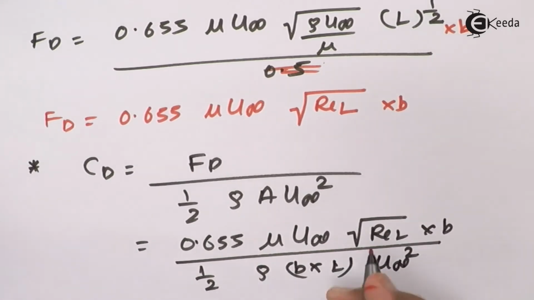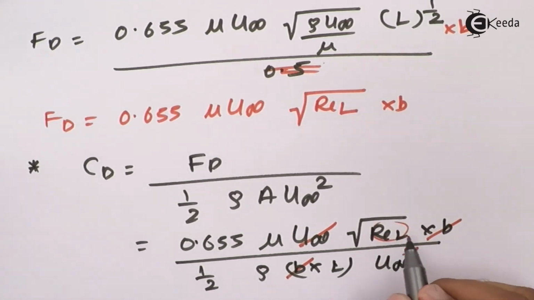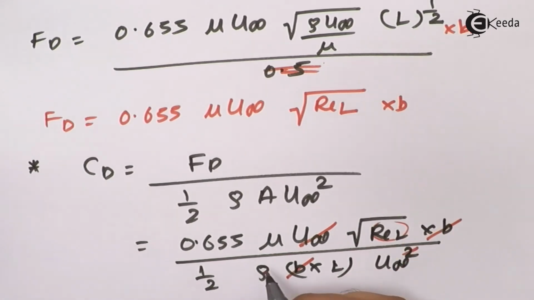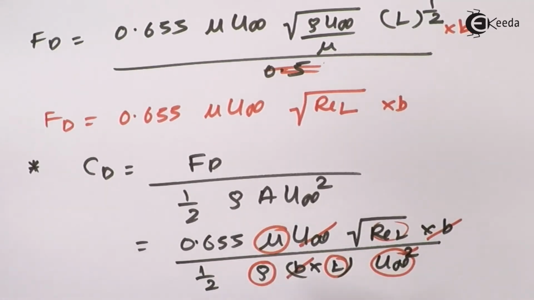Over here b and b will go away, and in the Reynolds number we have rho u infinity L and mu, so we'll convert that into Reynolds number, and this will be multiplied by 2.